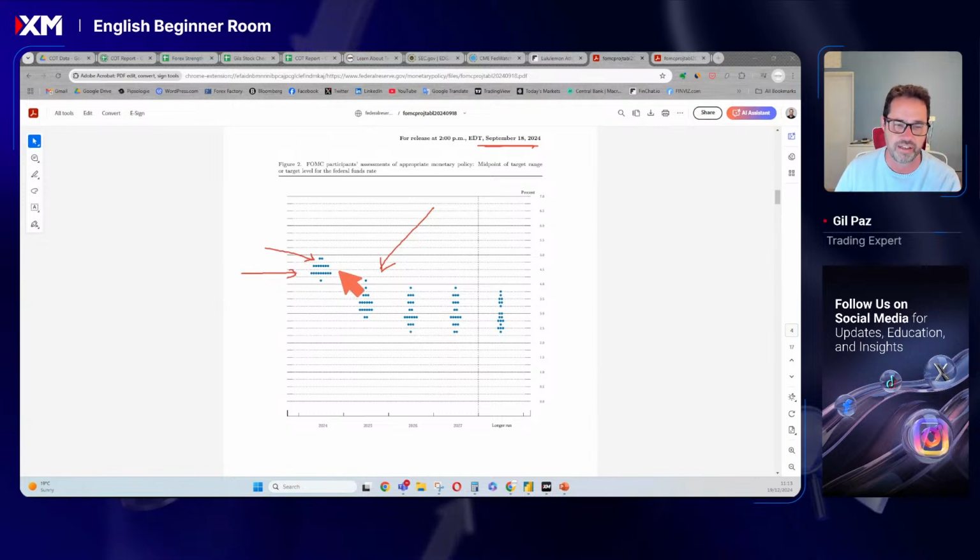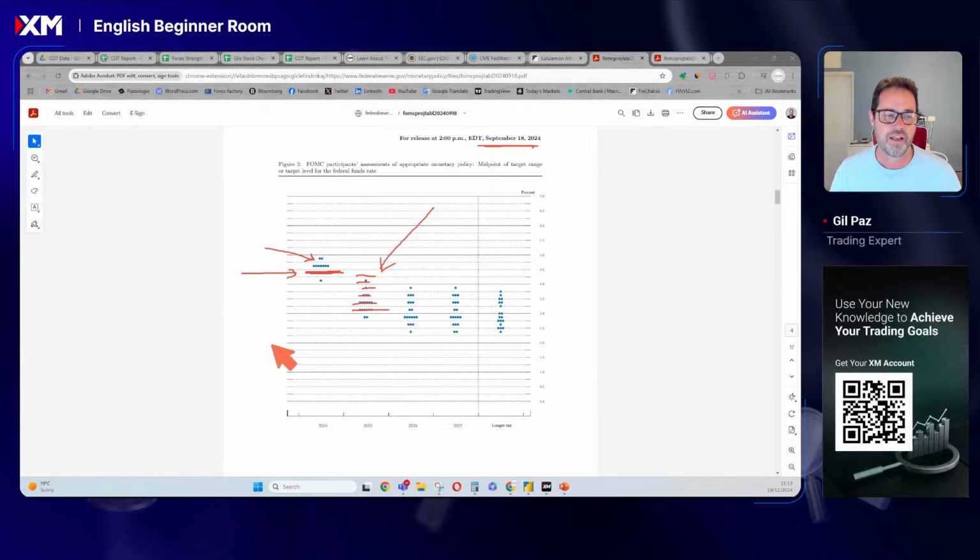Yesterday, they decided to cut interest rates, and the rates are here. But when we look at what the Fed expected next year, we thought there would be 1, 2, 3, 4 to 5 other cuts. This was the expectation in September, and the market until yesterday priced in that the Fed will cut next year 4 times.